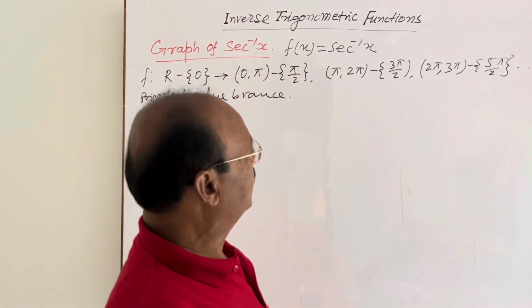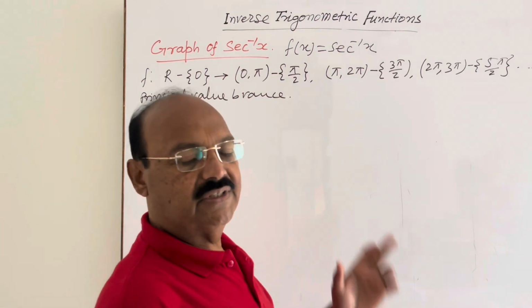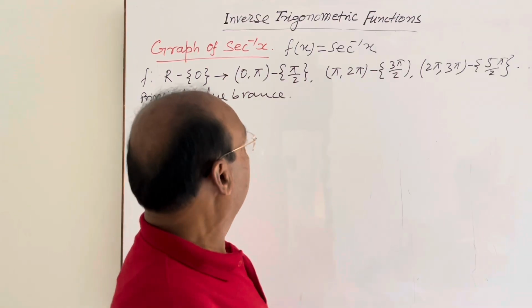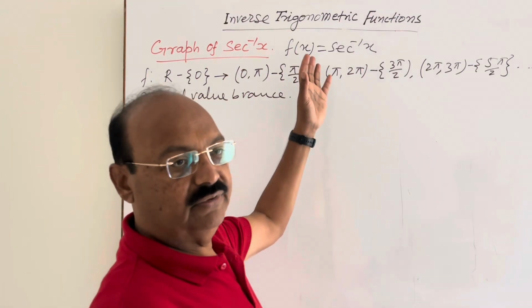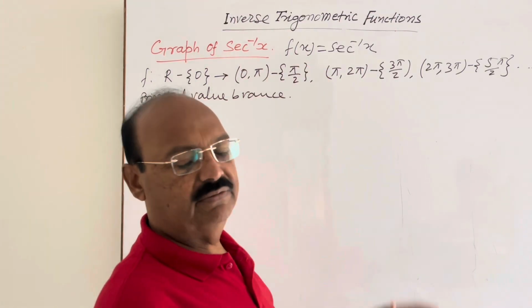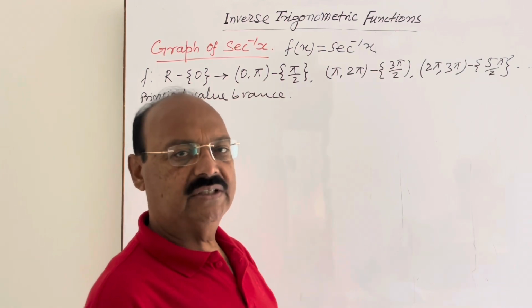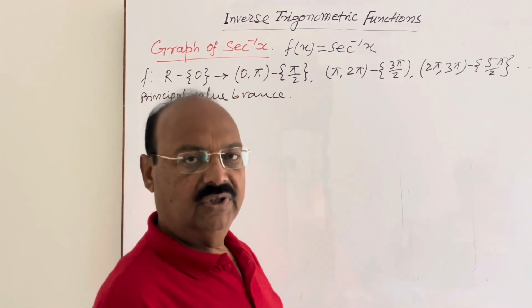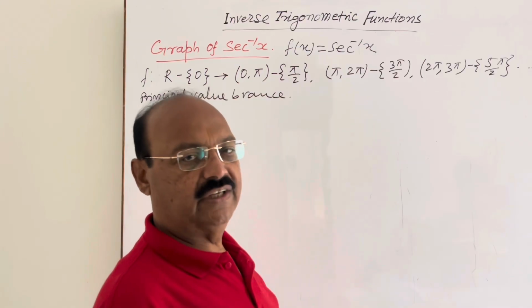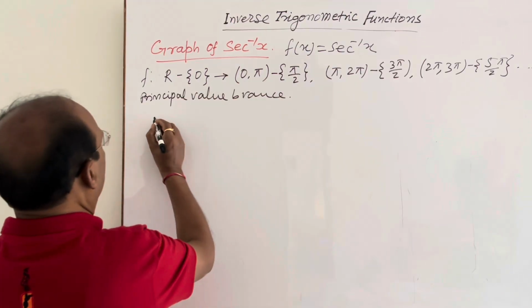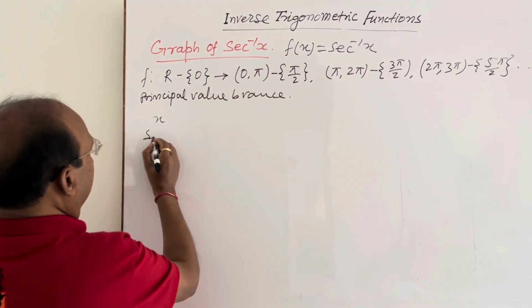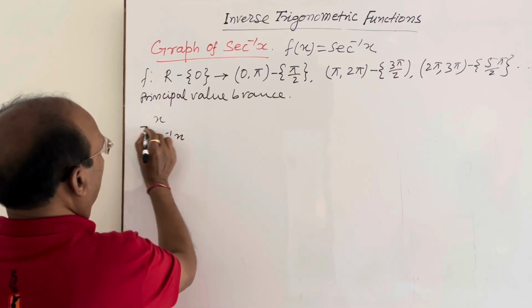So we have to take some values of sec inverse x and corresponding values of x. This will give coordinates of some points that will be helpful for drawing a graph of sec inverse x. Here we will take x and sec inverse x.